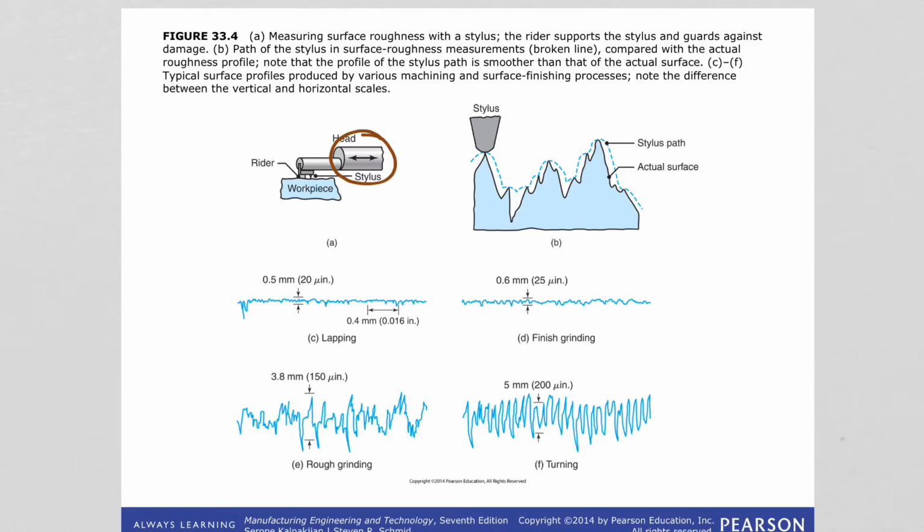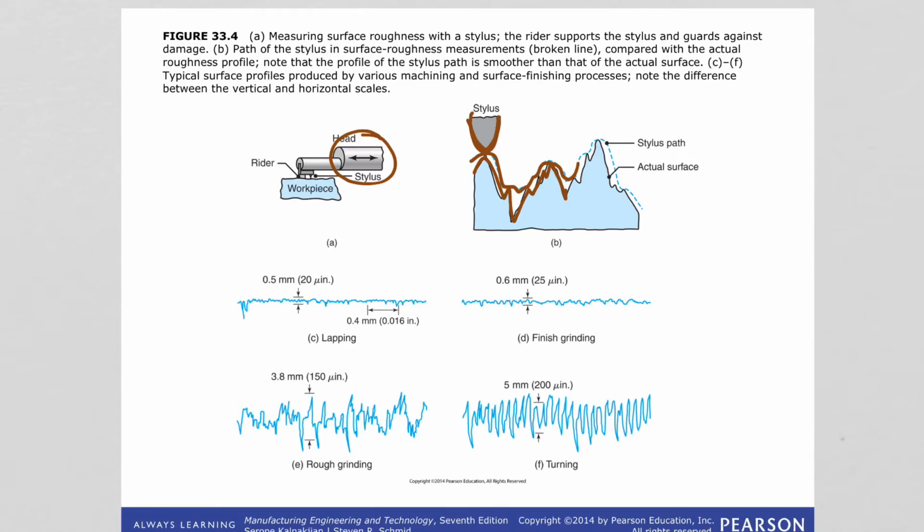You can compare it to the actual roughness profile. This is the actual roughness, and this is what it can measure, right? Because of the tip structure of the stylus, so the shape of it, I mean.